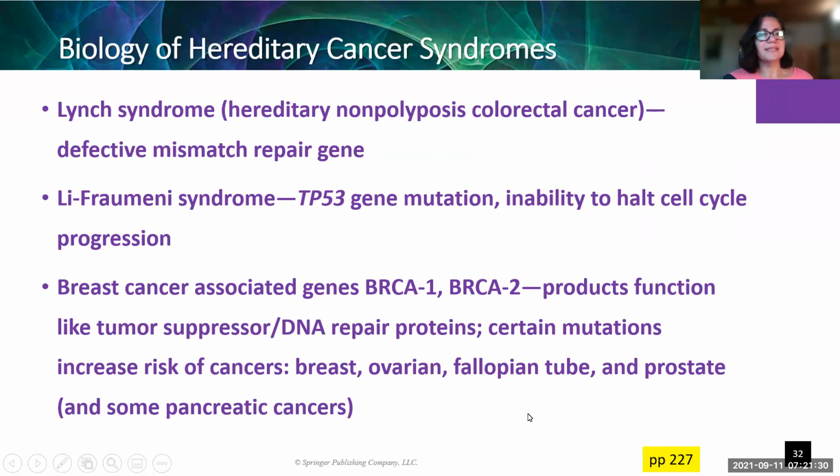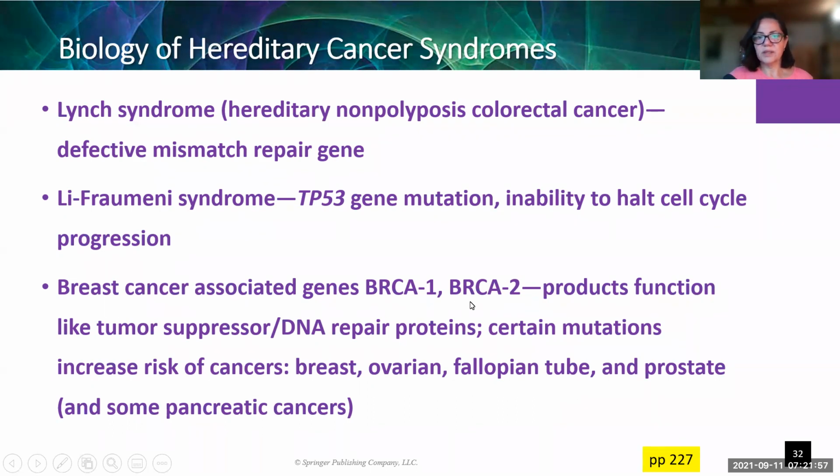Here is just a listing of some of the hereditary cancer syndromes. The one that I want to draw your attention to, okay, so this TP53, we're talking about that P53 protein that is such an important tumor suppressor. And so when it's mutated, there's this head start. You've heard a lot about the BRCA1 and BRCA2.